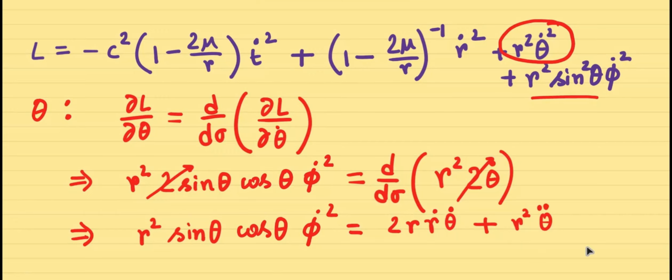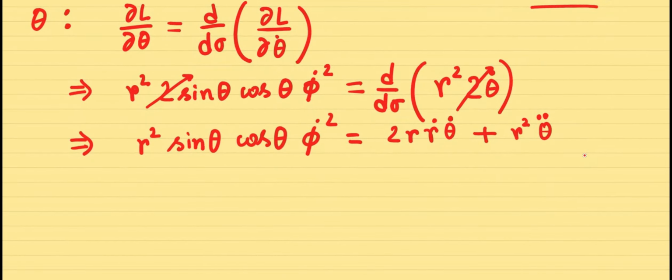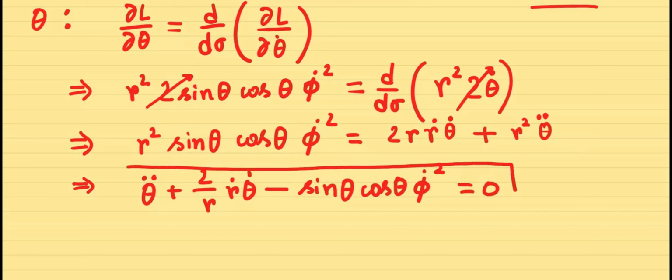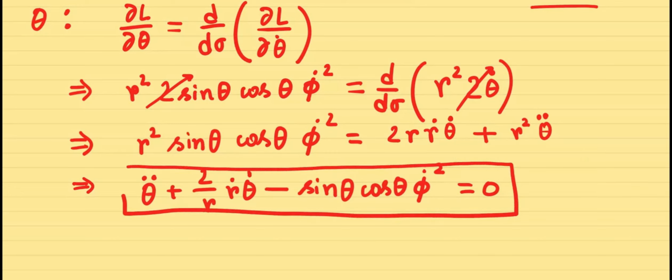So divide everyone by r squared, and finally we get theta double dot plus 2 divided by r times r dot theta dot minus sine theta cosine theta times phi dot squared equals 0. And that is our second geodesic equation.